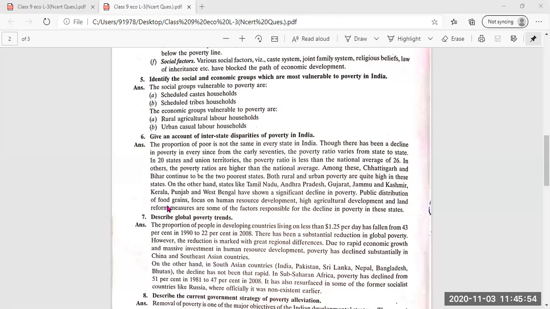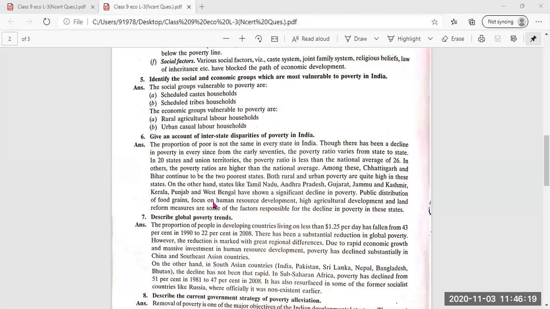Now, public distribution of food grains and focus on human resource development. Focus on human resource development means investing the income in the education of the people, and in giving proper health facilities to the people.